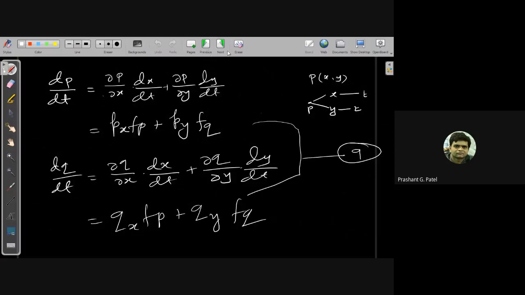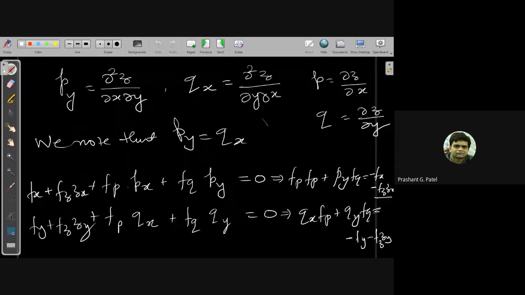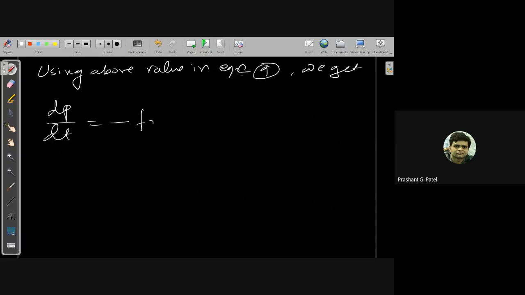That is this. If I put this value, it will give me minus fx minus fz zx, but zx is exactly the value of p, that is del z by del x, which is zx.